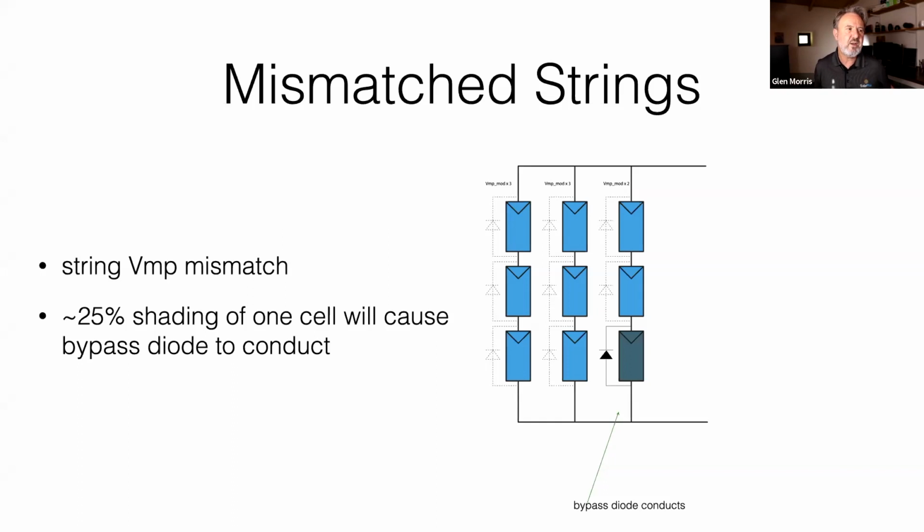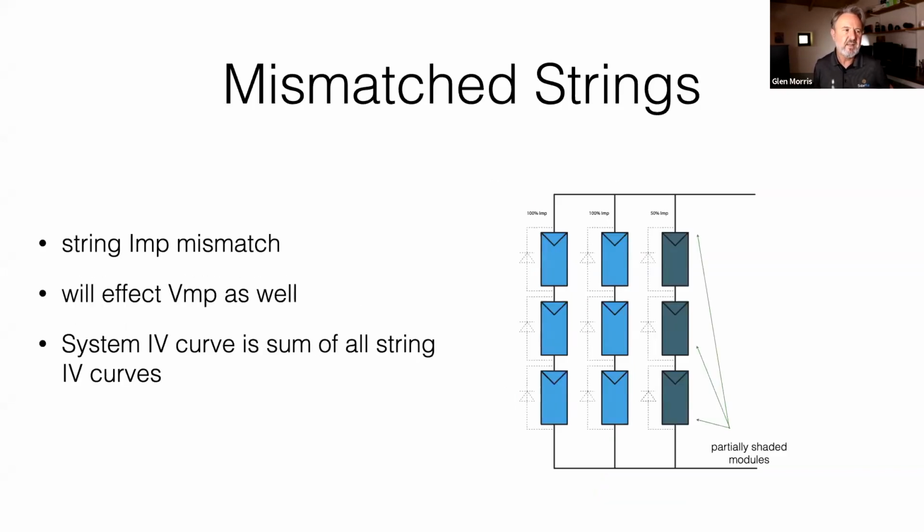So when you have multiple parallel strings, some consideration needs to be given to the likelihood of regular, significant localized shading, but a small amount, just, sun passes a chimney, or a chimney's not a good example. A tree might shade a panel for half an hour in the morning, not a problem. And when you've got a significant amount of shading, it can take out the whole string as well.